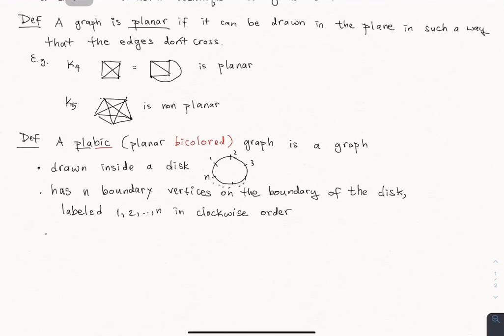The Plabic graph also has internal vertices. All internal vertices are colored.